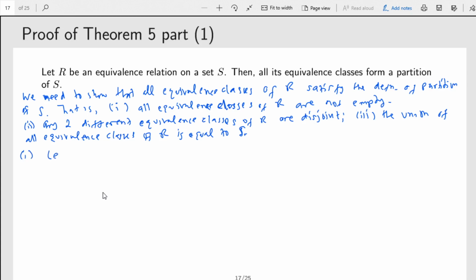Because R is an equivalence relation on a set S, from it we would obtain equivalence classes, right?